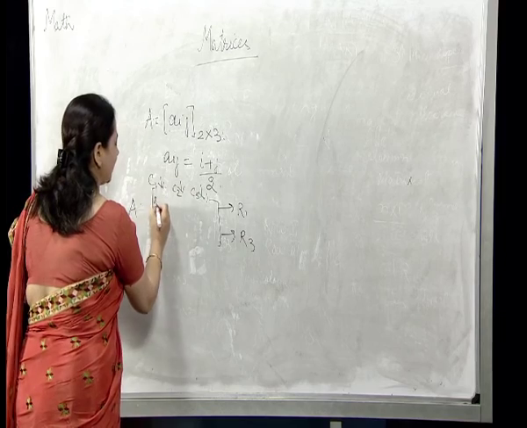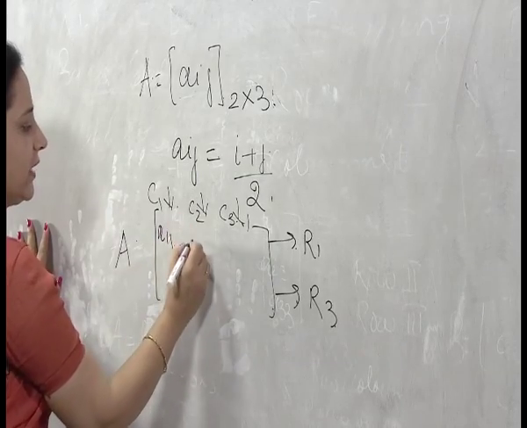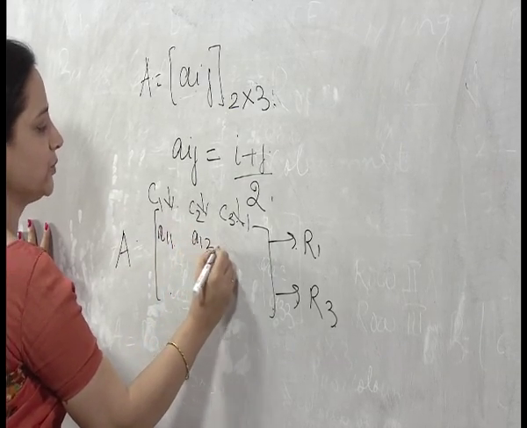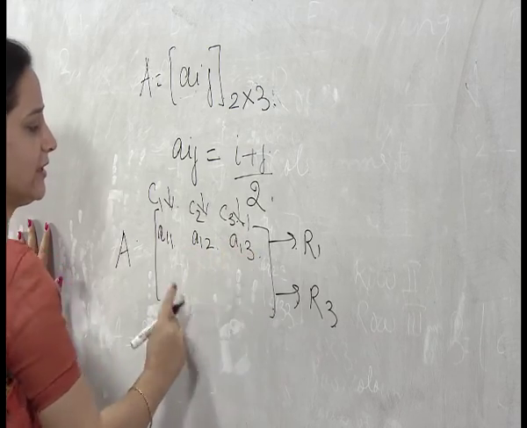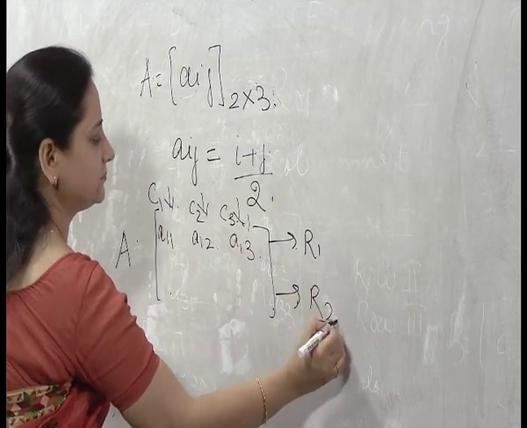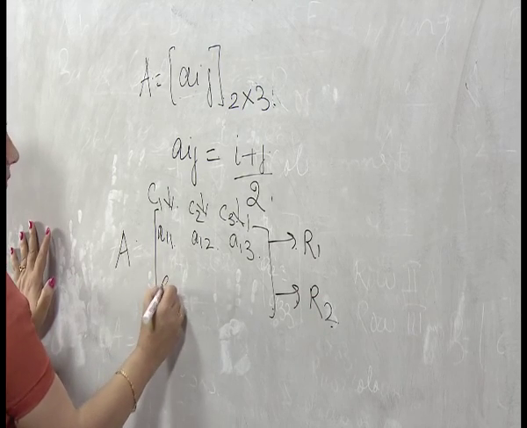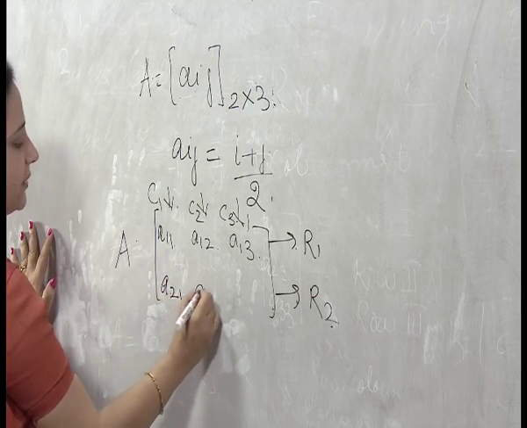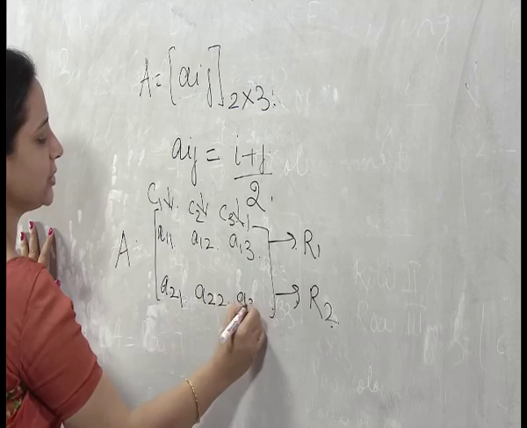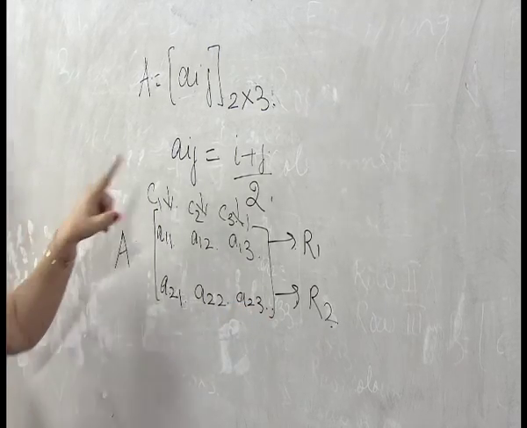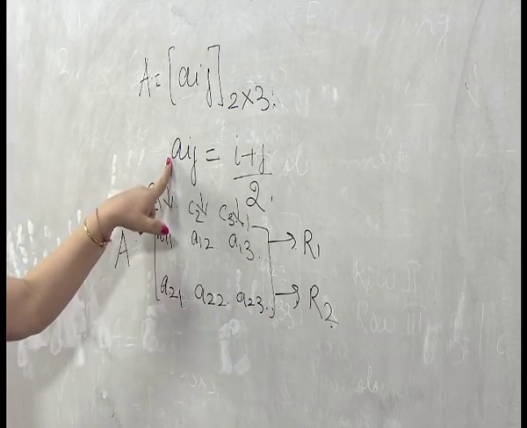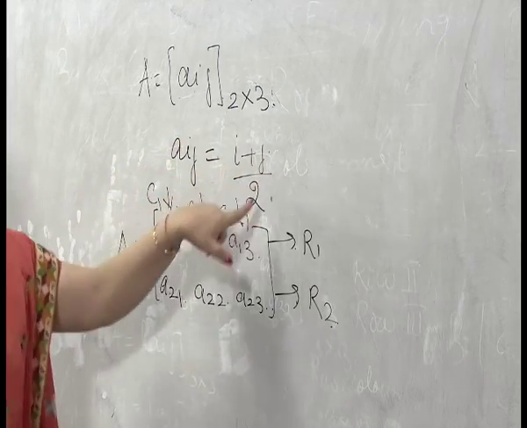So you will have A11, A12, A13, and the second row will be A21, A22 and A23. Now the formula to write the elements is given by (i plus j) by 2.